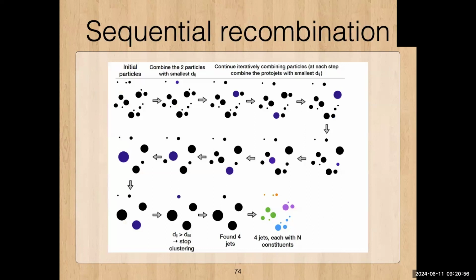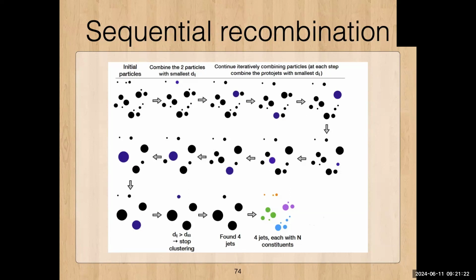Okay, so this is a visual example of how it looks. In this case, each circle is a particle, and the size of the circle is the momentum. Suppose that we have this set of particles in the beginning, and then in each step we find the closest two, in this case these two, and we merge them. Then we continue doing this.